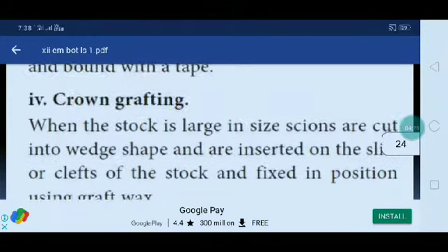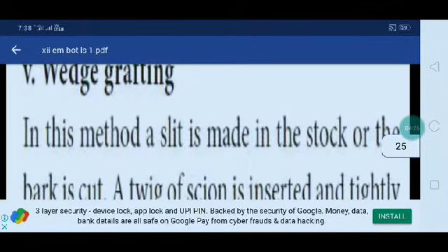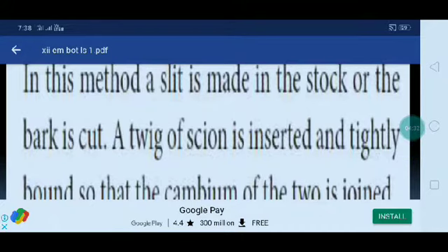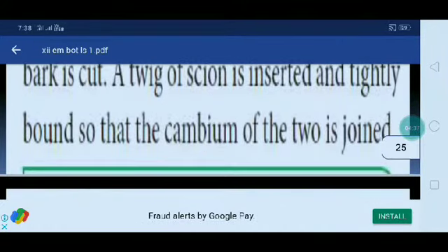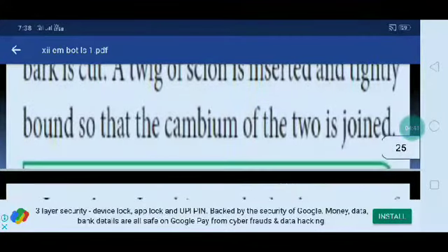That is called crown grafting. The fifth one is wedge grafting, the last one. In this method, a slit is made in the stock or the bark is cut. A twig of scion is inserted and tightly bound so that the cambium of the two is joined together. This is called a wedge graft.